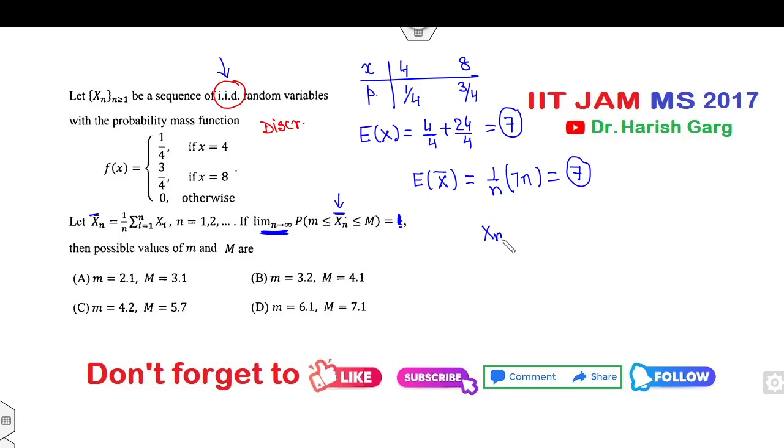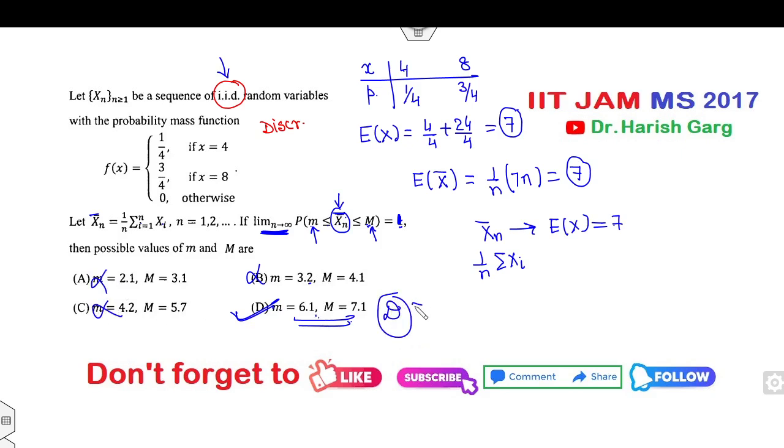That means Xn bar converges to 7, and clearly the lower and upper limits must lie around 7. Only option D is satisfied. In the other option, 3 and 1.4.1, 7 does not lie in between them. So the right answer is only D.